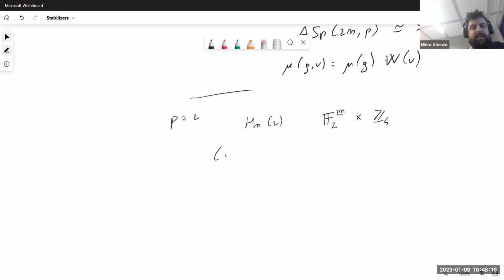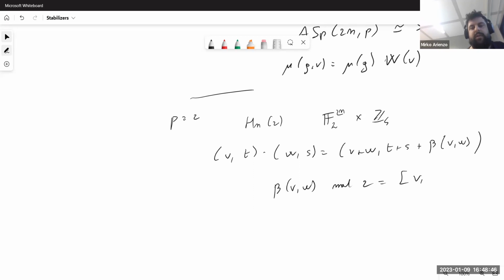Formally the expression of the composition law is kind of the same, but we don't have the symplectic form, but another function beta, such that when you take beta mod 2, this corresponds to the symplectic form on F2.